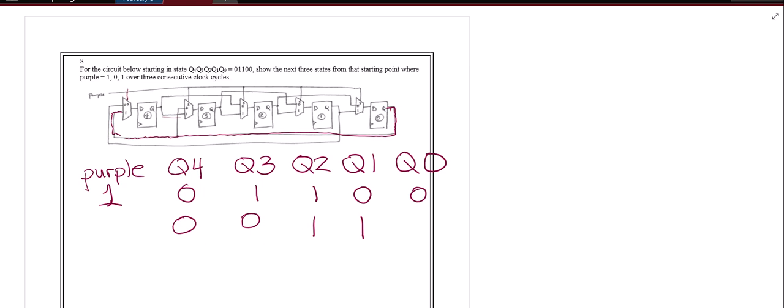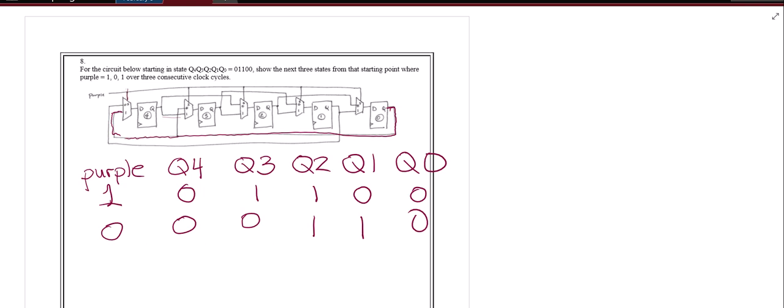Oh, Q0 is whatever Q1 was before, and Q1 was 0. Okay, so when all this started, purple changed to 0, but it didn't make these effects. What made the effects was that purple was 1 before.